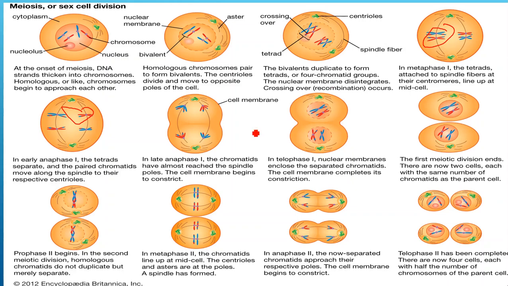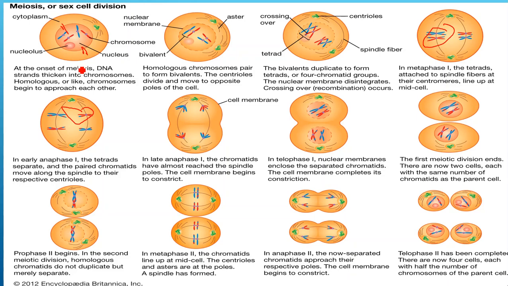These spindle fibers attached with the kinetochore pull the chromosomes to opposite poles, and finally your cell divides. Two terms are important. As you can see here, these chromosomes are present within the nuclear membrane, right? So it means the nucleus is dividing, right?